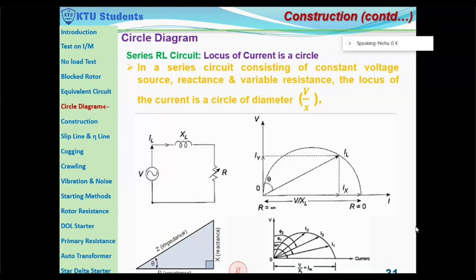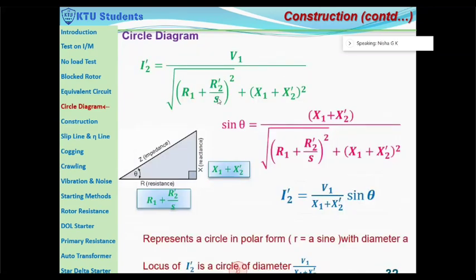In a similar way, if you consider the rotor of the induction machine, we can represent I2 dash from the equivalent circuit as V1 divided by root of the whole square of R1 plus R2 dash by S, plus the whole square of X1 plus X2 dash. From the impedance triangle, you get R1 plus R2 dash by S, and here the reactance is X1 plus X2 dash.